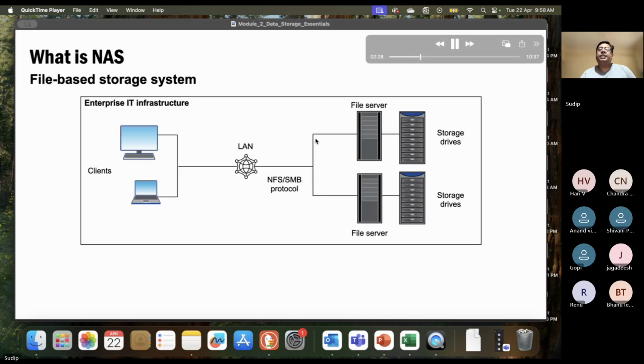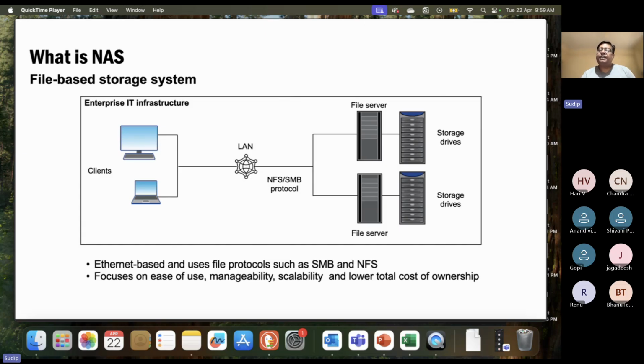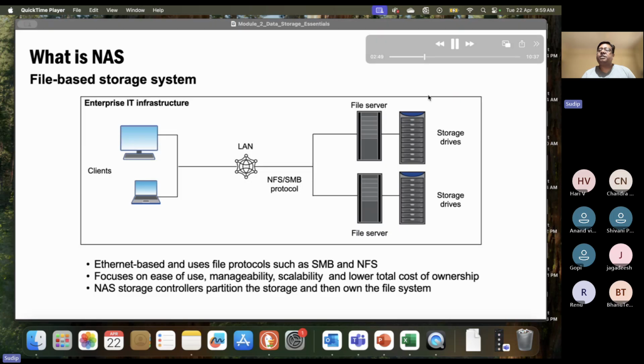Whereas in a NAS, who is owning the file system? The storage itself is owning the file system. So the storage itself knows where which data is written, what is the name of the file, everything. Whatever we just now saw, the file allocation table, the journaling, everything.